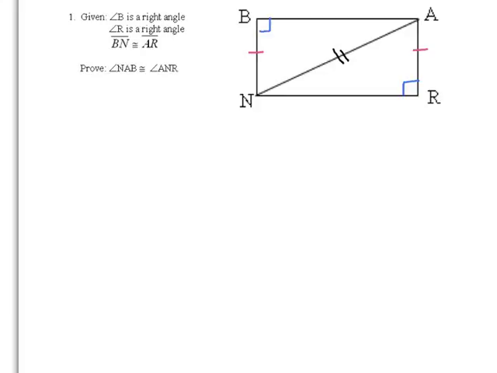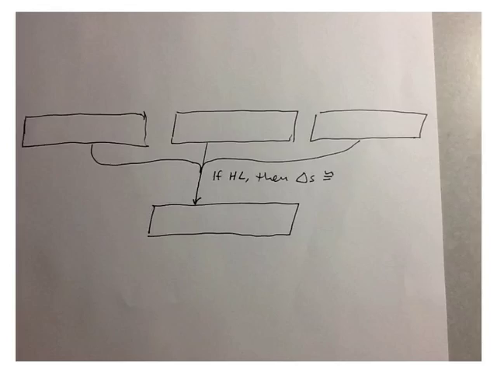And here's why. We're given that these are two right triangles. The hypotenuses are congruent because that's a shared side, and then these two corresponding legs are congruent. And so we're going to use HL for this proof. So we know we're going to set it up with three boxes funneling down into one.